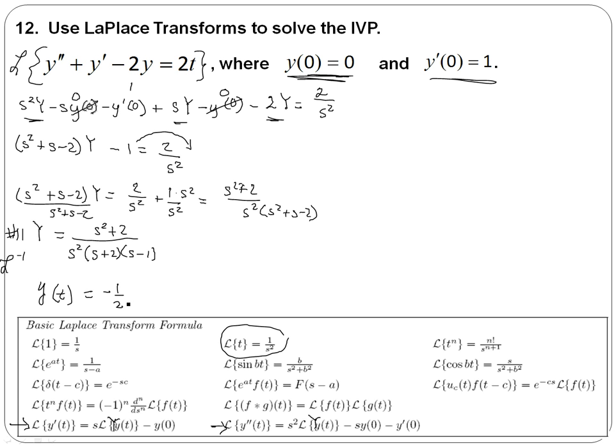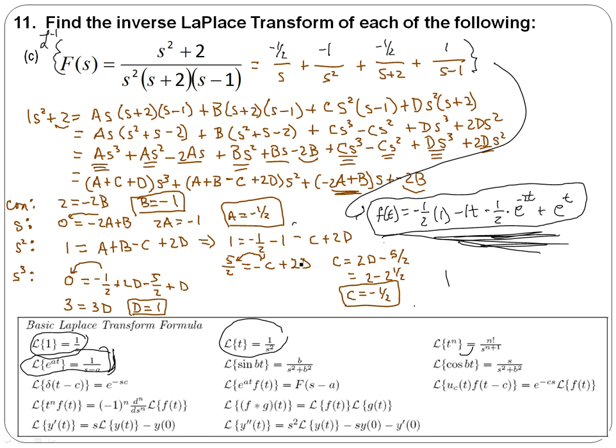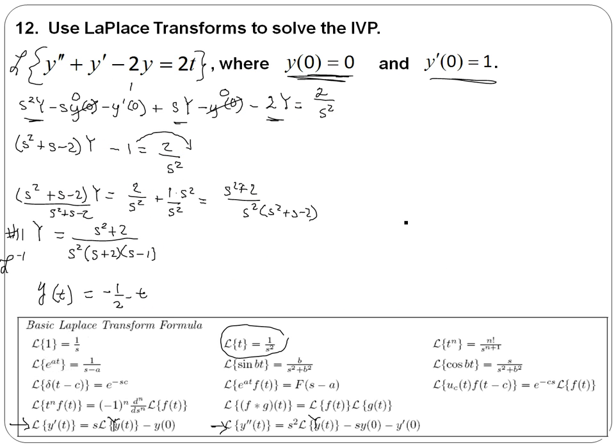Negative 1/2 minus t minus 1/2 e to the negative 2t plus e to the t. Minus 1/2 e to the negative 2t plus e to the t is our solution to the equation.